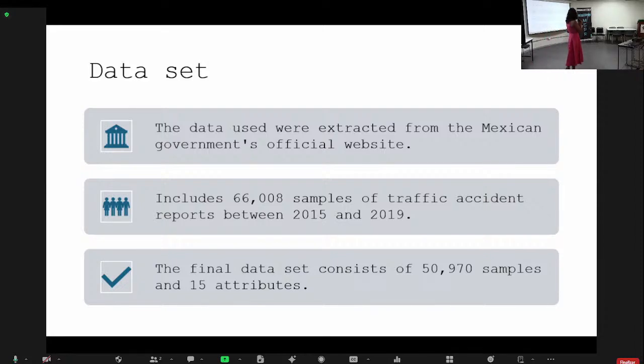It's because when we checked the data, we identified that the original data had characteristics that were not necessary for the study. For example, characteristics of the vehicles, something that is not important because we are studying causes of the accidents.